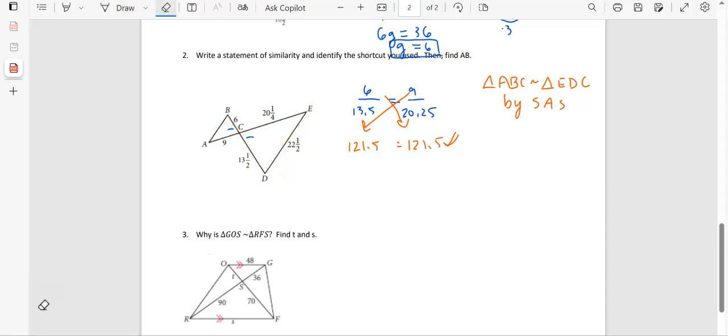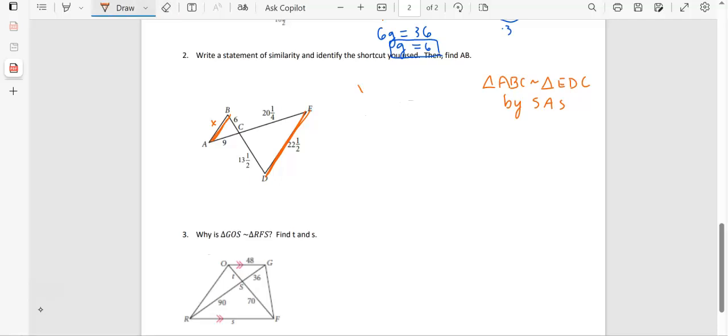Now, I can use this to find the length of AB. I'm just going to set a variable, we'll just call that X. So I know that AB corresponds with DE. And then again, it's up to me to choose the other side. Now, none of these are particularly awesome because they have decimals, but we do have our calculator, so it's okay.